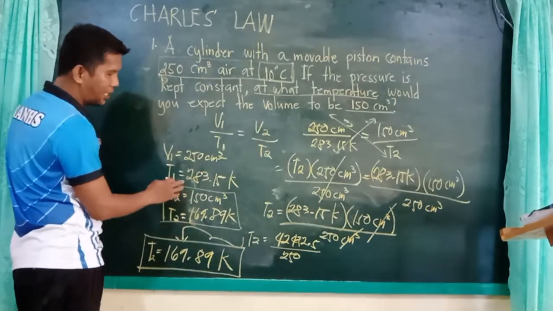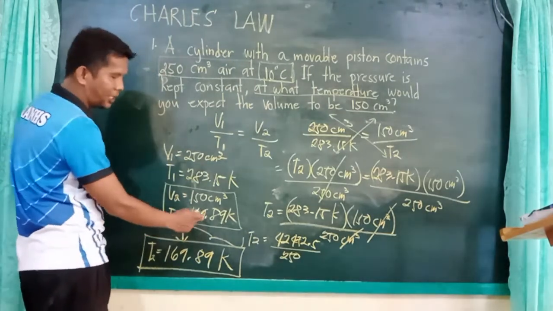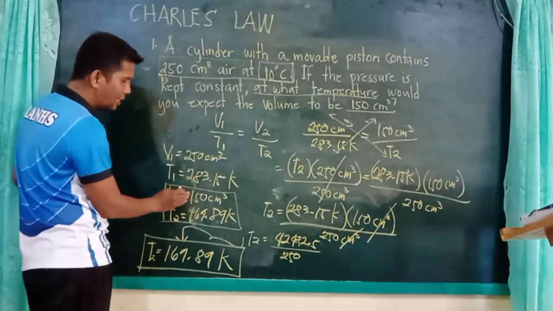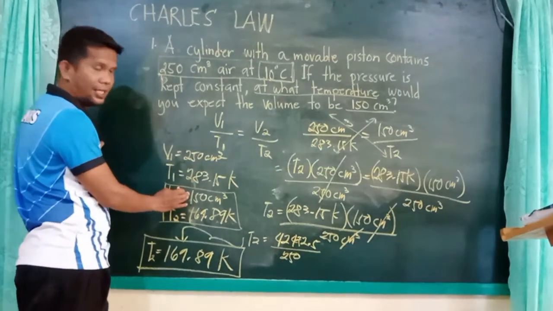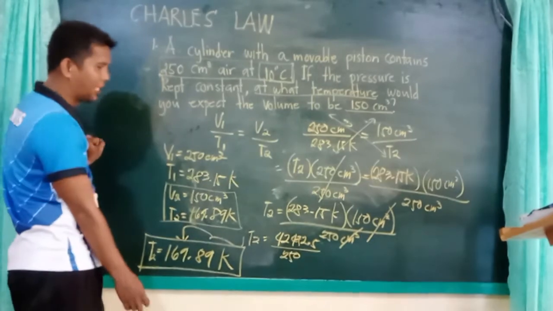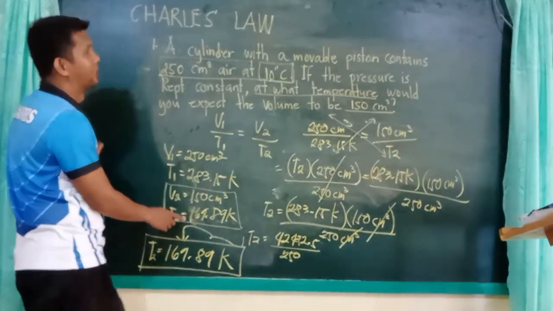Our temperature gets lower from 283.15 to 169.89 Kelvin because the volume went down. By virtue of the directly proportional concept, its partner should also go down.